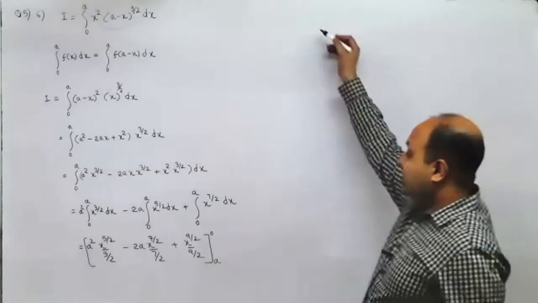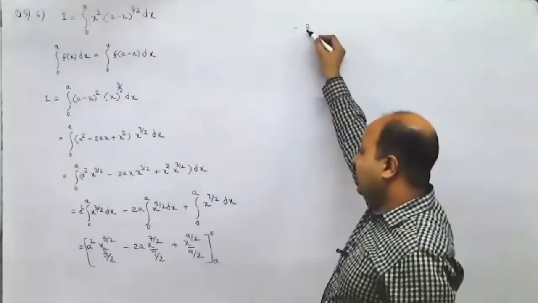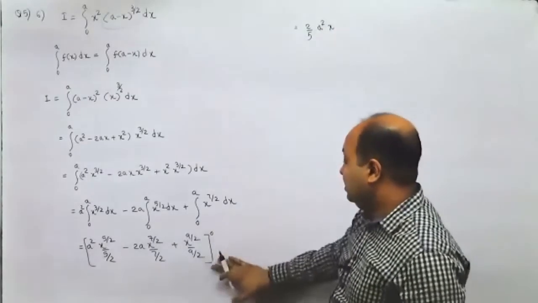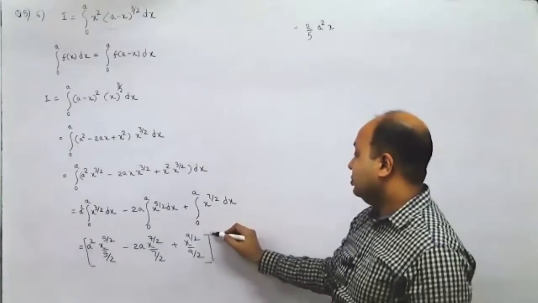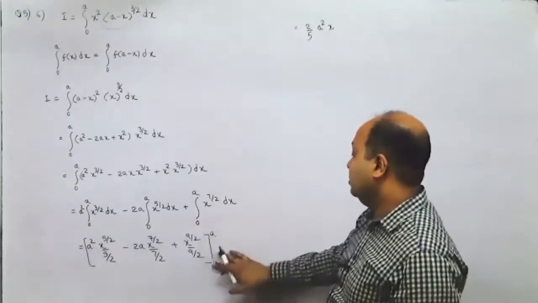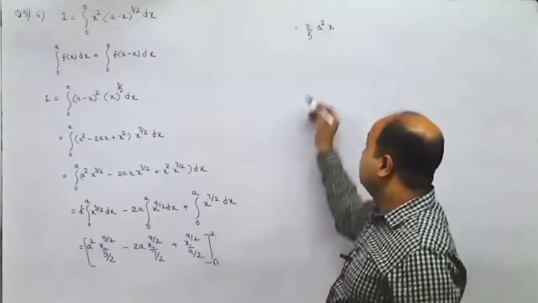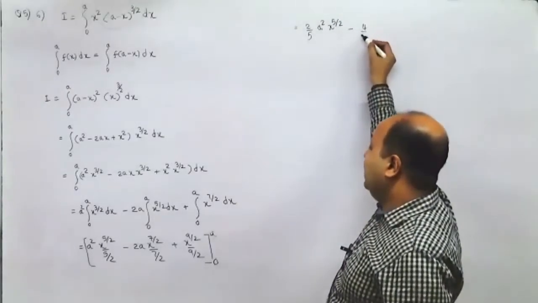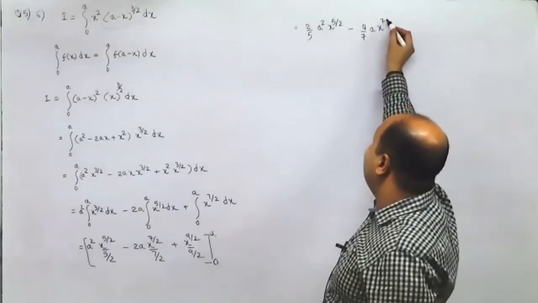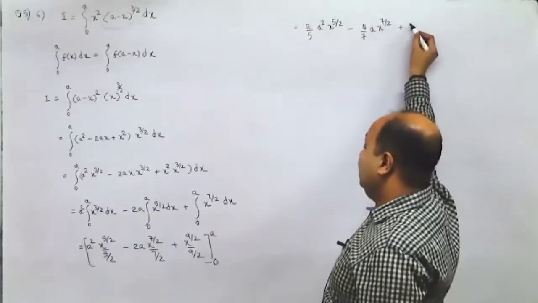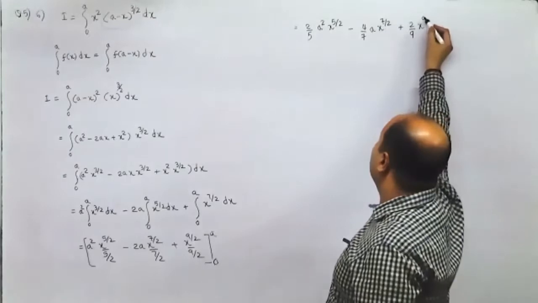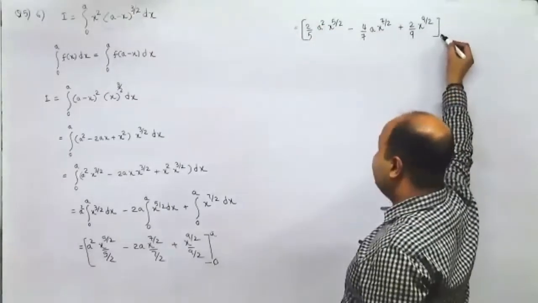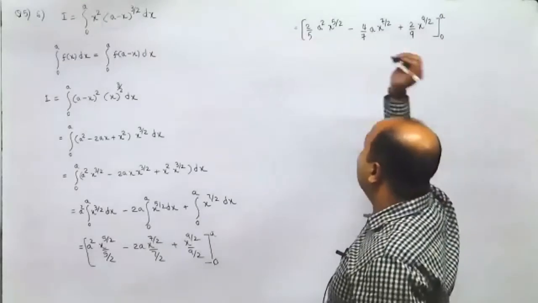Now that would give you 2 upon 5 a square into x raised to 5 by 2 minus 4 upon 7 a into x raised to 7 by 2 plus 2 upon 9 into x raised to 9 by 2 between 0 and a.